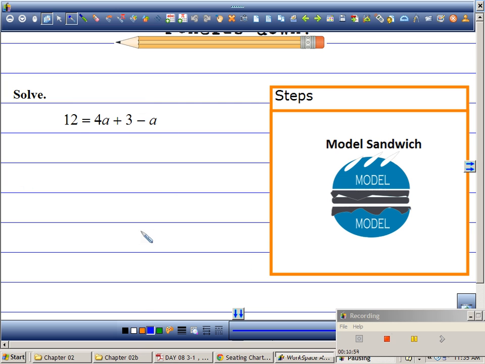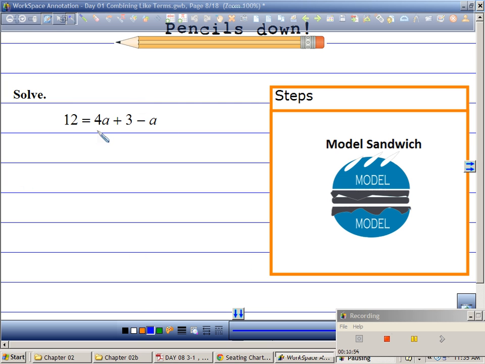This time the variable is just on the other side, so I'm going to go a little bit quicker. I have 4 a's and a negative a. They have different signs, so I'm going to find the difference between 4 and 1 is 3 a's plus 3 equals 12. Next, I take the inverse of positive 3, which is negative 3, and I'm left with 3 a's on the right side.